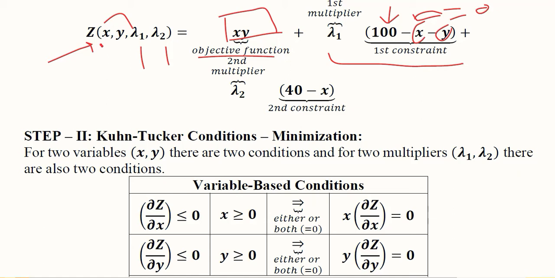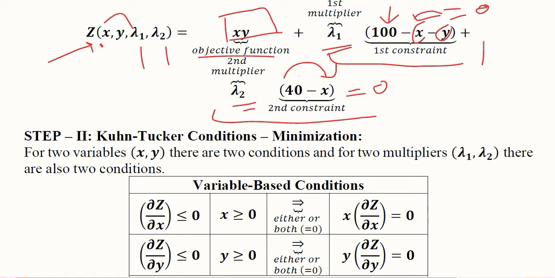The equality turns into this. Here we have its multiplier, the first multiplier, hence lambda1, and then we add another multiplier and its product with the second constraint. In the second constraint, x is shifted from the left hand side to the right hand side, so this term is equal to 0, and the multiplier is there.